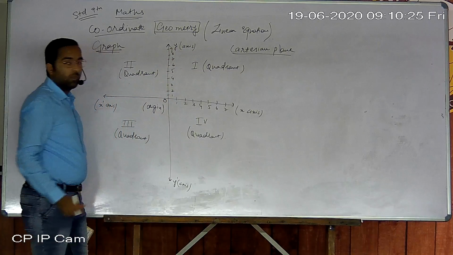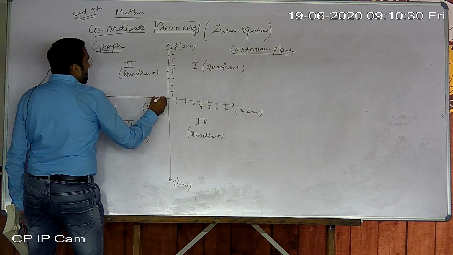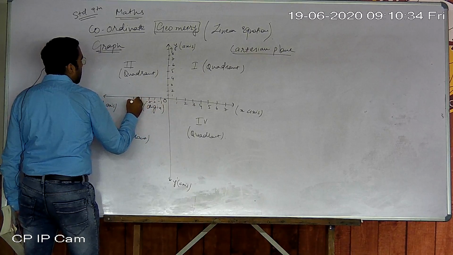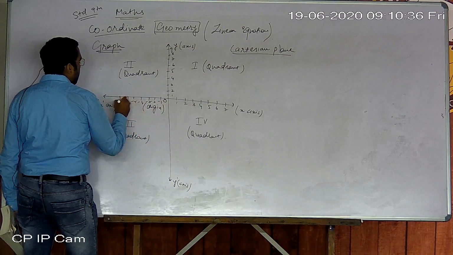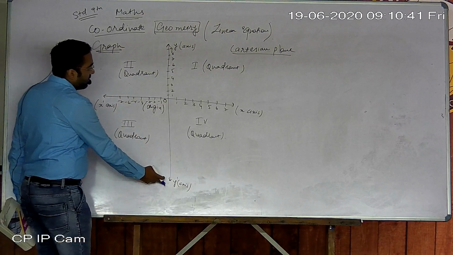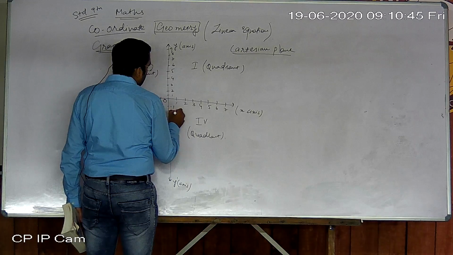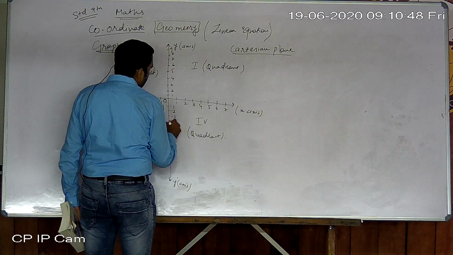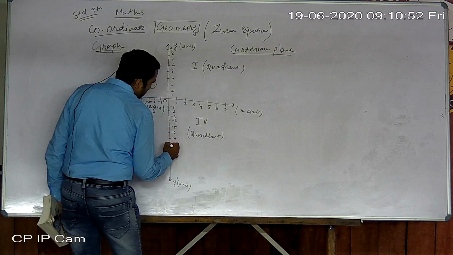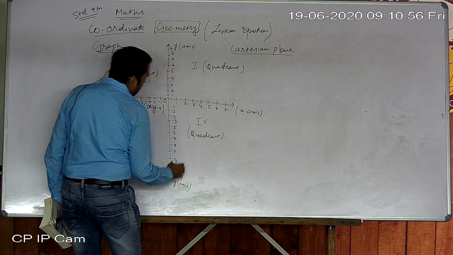Now for the x dash axis, always take negative numbers. Okay. And with the y dash axis here also you have to take negative numbers to represent them.